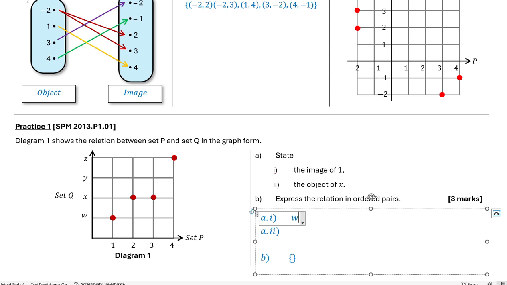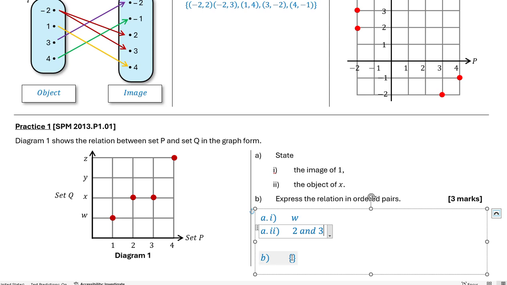You need to show working to state the image. A2, the object of X. What does it mean? Meaning, when X is the image, what are the objects pointing to X? So we've got two objects here, 2 and 3. And express the relation in ordered pairs.